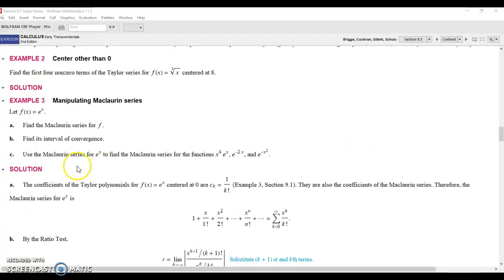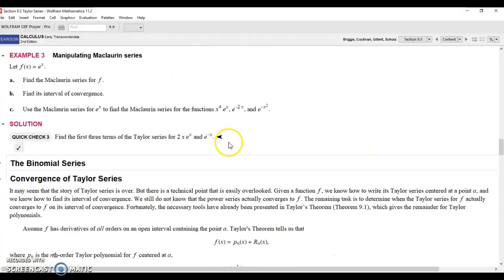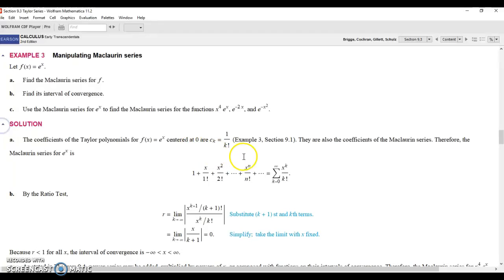This was actually done previously in the book, so they take a little shortcut here, but it wouldn't be a difficult thing to do. e to the 0 is 1, and the derivative of e to the x is just e to the x all the time. So you're just going to get 1 repeatedly for the derivative part. So all you get is 1, then x over 1 factorial, x squared over 2 factorial, and so on, so that our series is the sum k equals 0 to infinity of x to the k over k factorial.